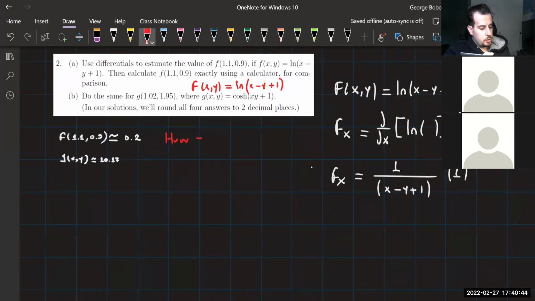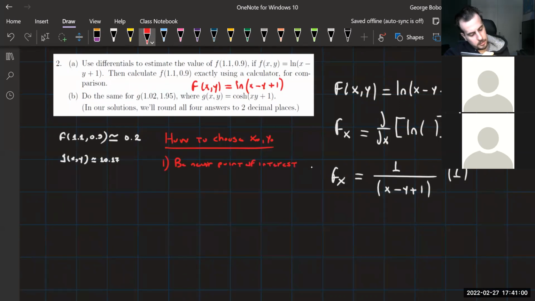How to choose x naught, y naught. Okay. One, be near the point of interest. So near, again, what you see there. And two, f of x naught, y naught is super easy.